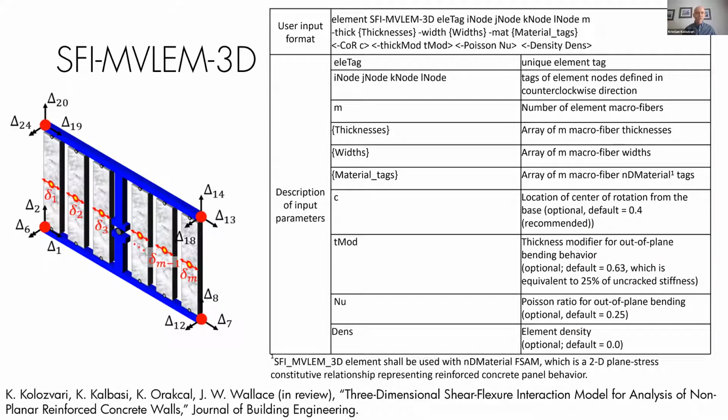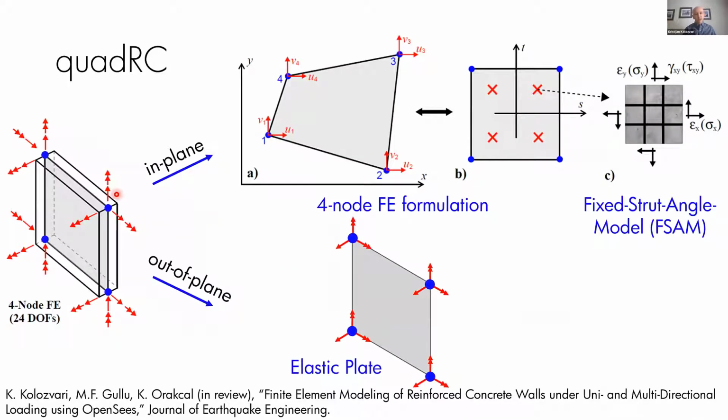And finally, we have this quad RC element, which is basically a 4-node finite element type of a model. It has 24 degrees of freedom. They all really do. They all have 24 degrees of freedom in 3 dimensions. And it's a standard 4-node finite element formulation. We just made some modifications so it works with this fixed strut angle model, and it also has elastic out-of-plane behavior similar to the previous two models, right?